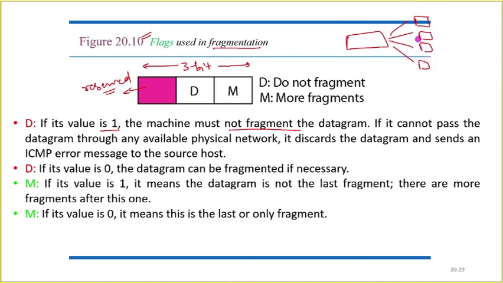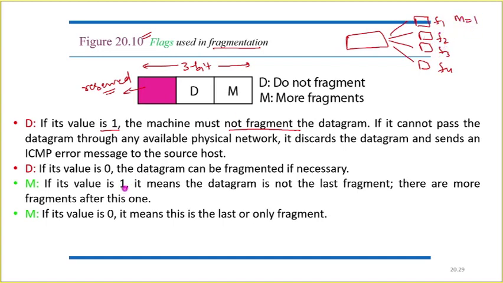For a particular fragment being sent, the value of M says that if M is 1, the datagram is not the last fragment. Suppose this is the first one, this is the second, this is the third, this is the fourth. After this first fragment, the next 3 fragments are remaining. In that case, the M value will be 1.